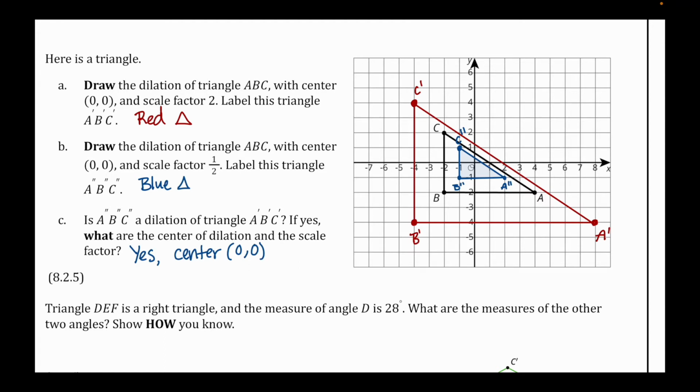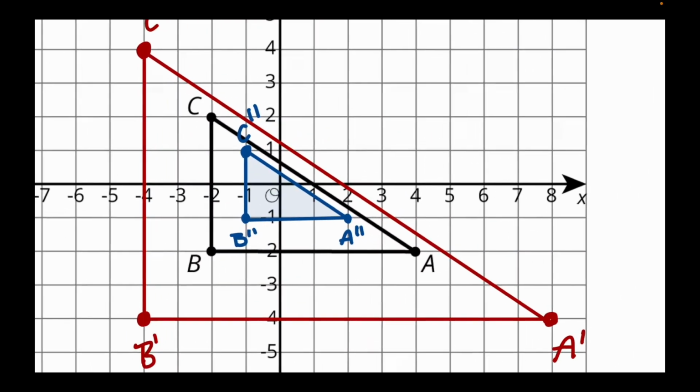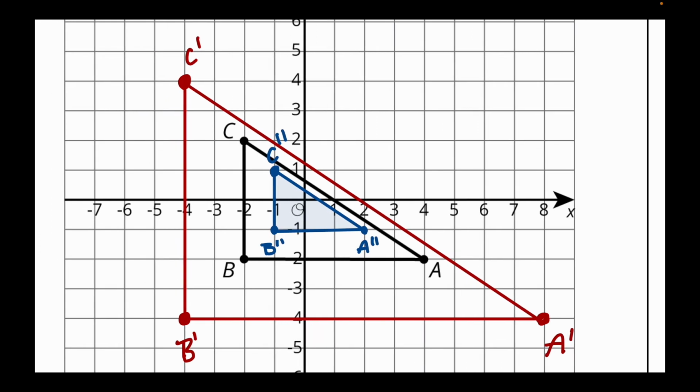But now we're going to compare distances between our double prime and our single prime versions. Now, if they're asking this one as a dilation of the other, that means our red triangle is the original. So from this red triangle, we are getting smaller, which means I have to compare my distance here and see just how far it is. And it might be easiest to see actually with B prime or B double prime and B prime to the center here.